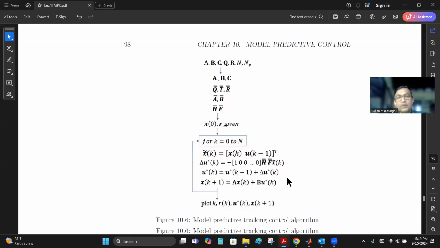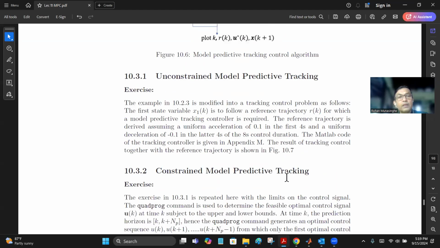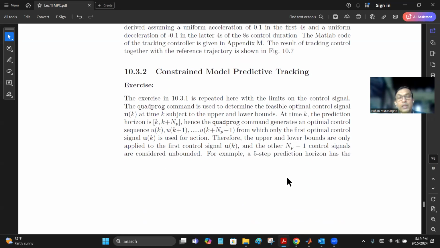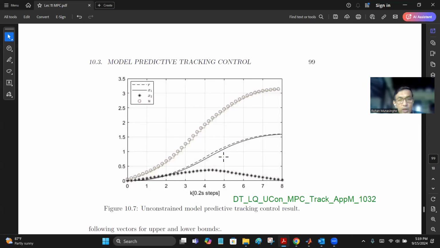Now let's go back to our notes and try to get the constrained model predictive tracking control. So this time is the same example, but we introduce quadprog within the optimal control loop. But you don't have to worry. It's done by MATLAB.